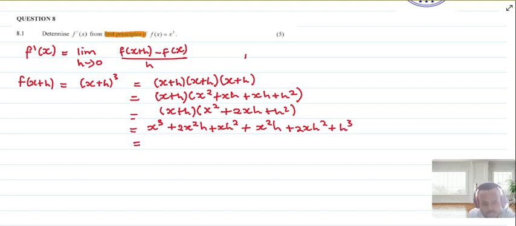Now let us look whether we have like terms so that we add them. There's nothing to add with x cubed, it's only one x cubed.